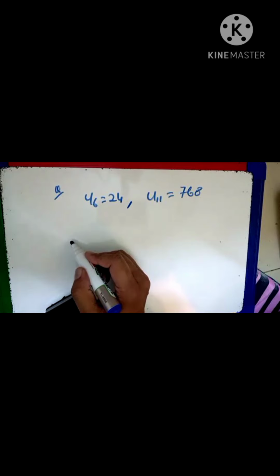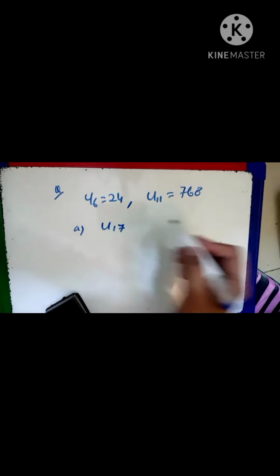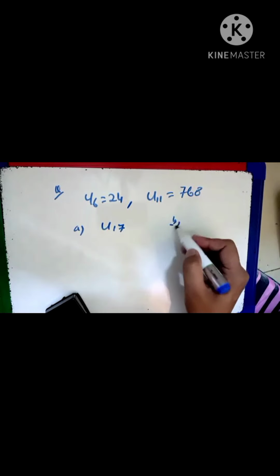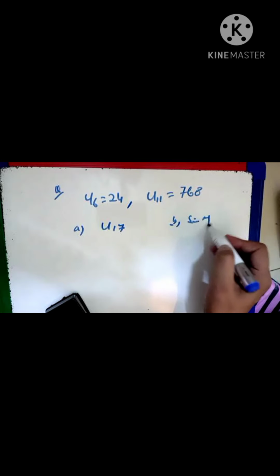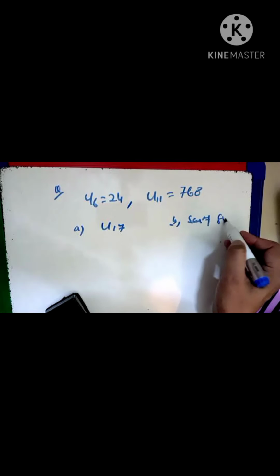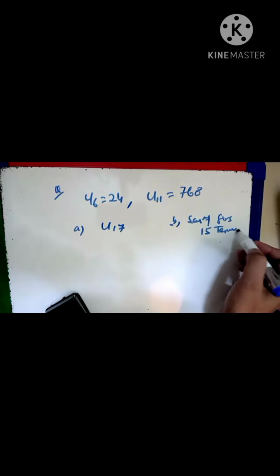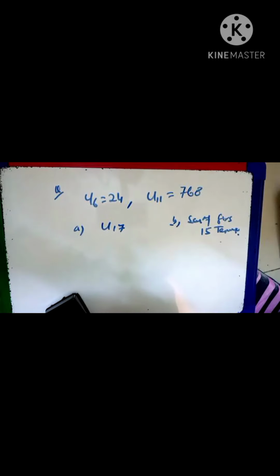Can you determine the general term? And in part A, you will find U17, and in part B, you will find the sum of the first 15 terms. Can you do this question? Yeah, okay, good girl.